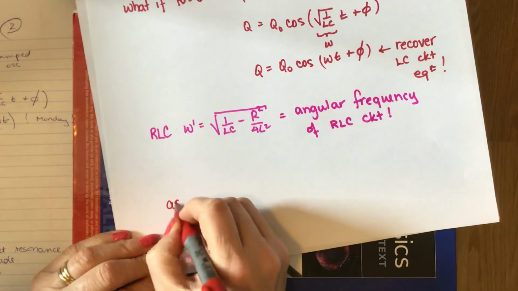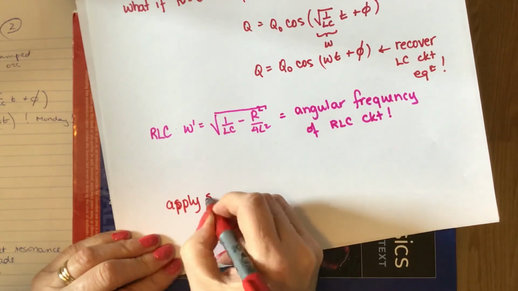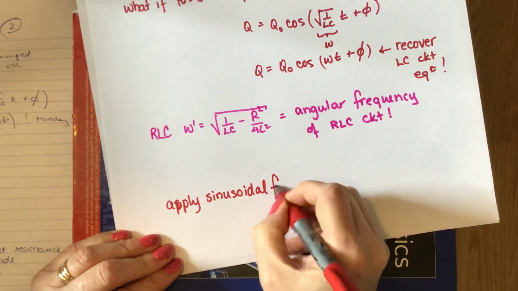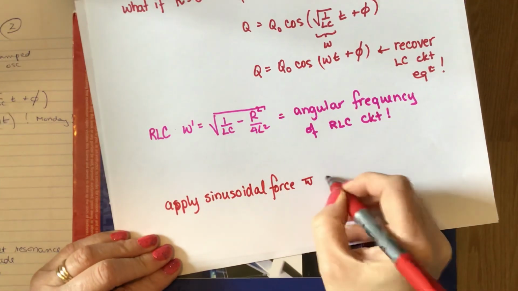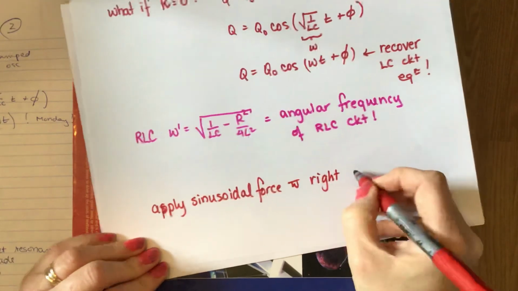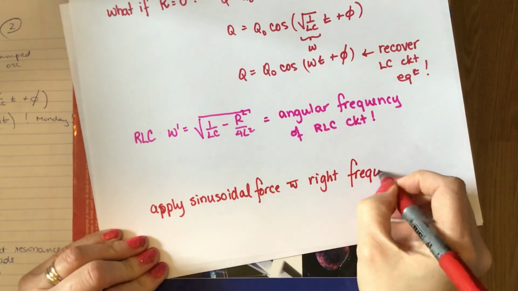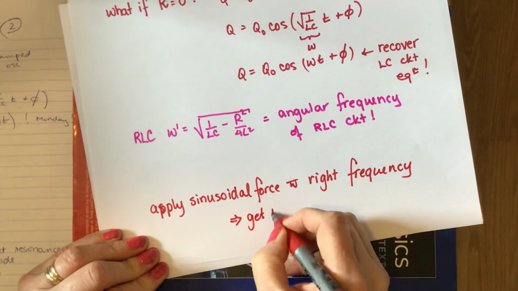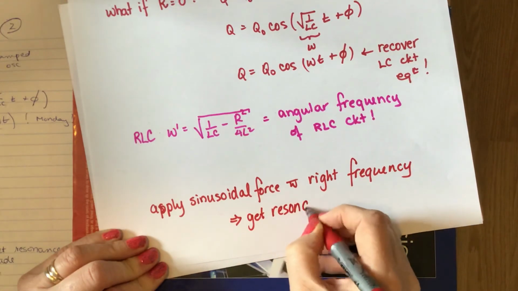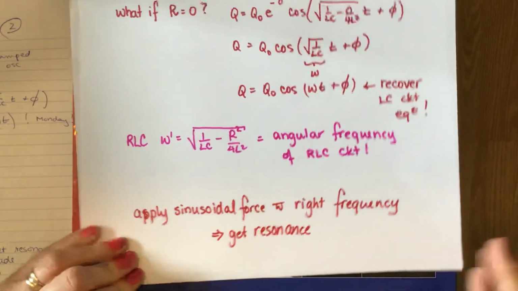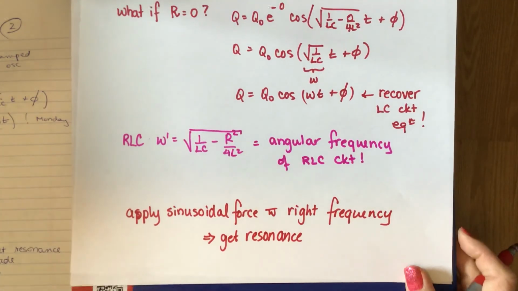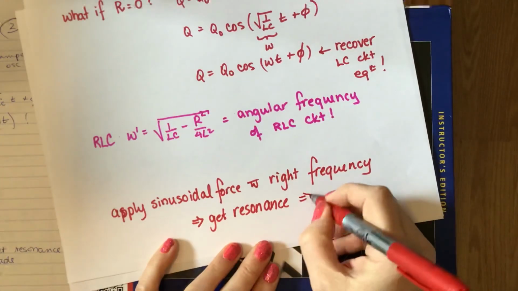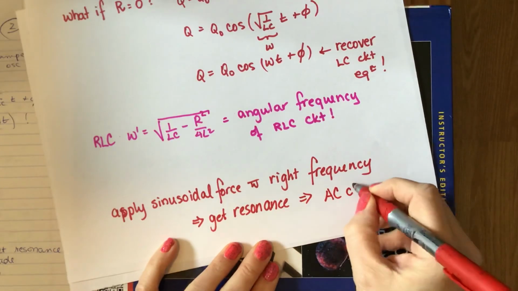So if you apply a sinusoidal force with the right frequency, you get resonance in your electromagnetic circuit, and that resonance means you get the large response. That's where we get AC circuits coming from.